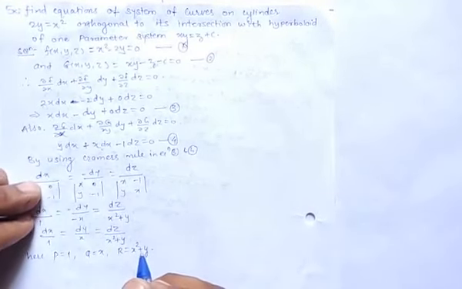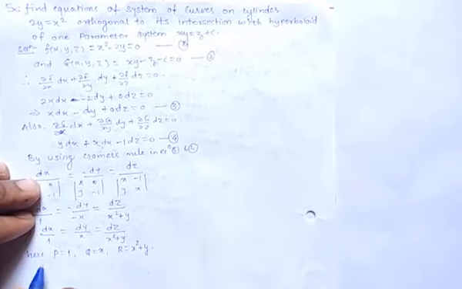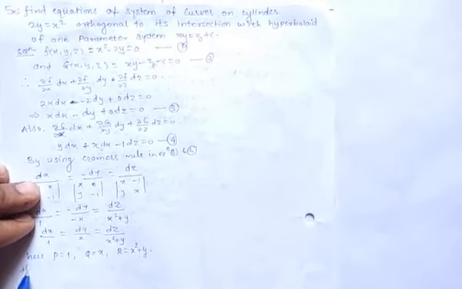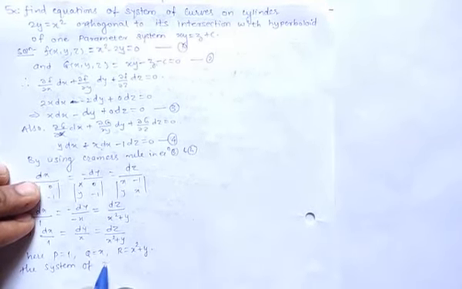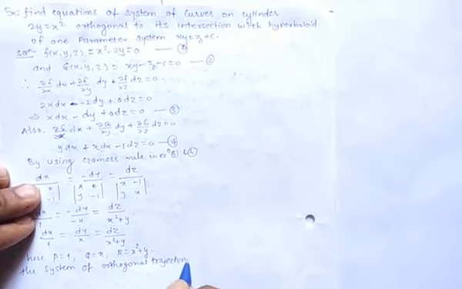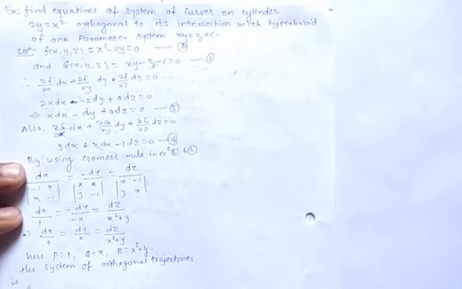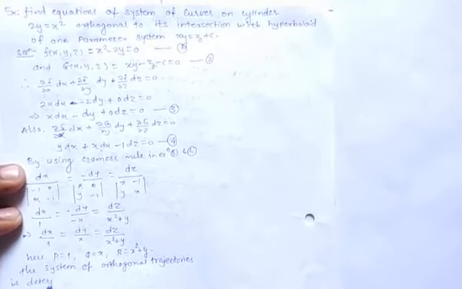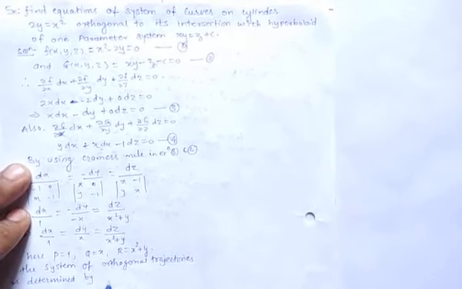So the system of orthogonal trajectories is determined by the plane of equations.